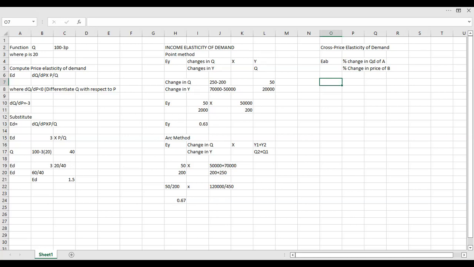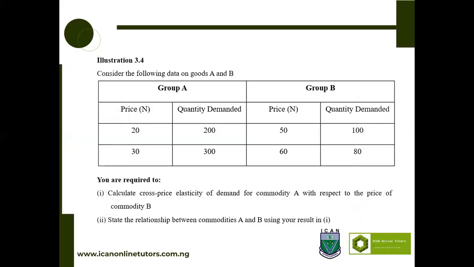I'm given two groups, group A and group B. For group A, the price is 20 with quantity demanded 200, and price 30 with quantity demanded 300. In group B, we have price 50 with quantity demanded 100, and price 60 with quantity demanded 80.